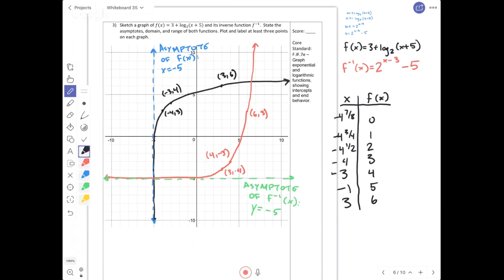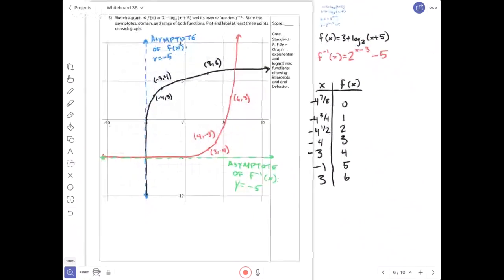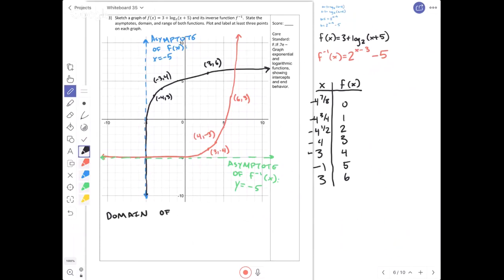And I've stated the asymptotes, the domain and range of both functions. For f of x, the domain is the set of values x such that x is greater than negative 5.